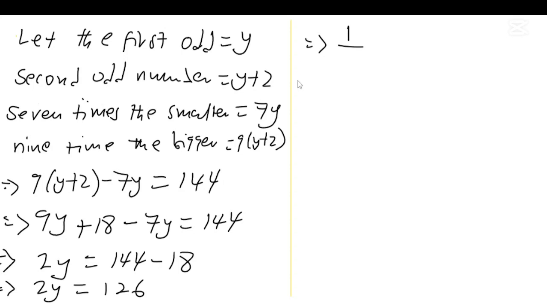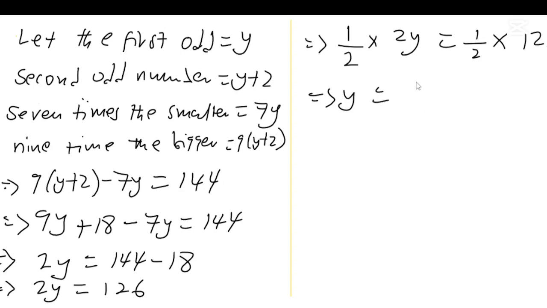So let's take multiplicative inverse of 2 on both sides of the equation. So we have 1 on 2 multiplied by 2y equal to 1 on 2 multiplied by 126. So half multiplied by 2y will give us y equal to half multiplied by 126 is giving us 63.